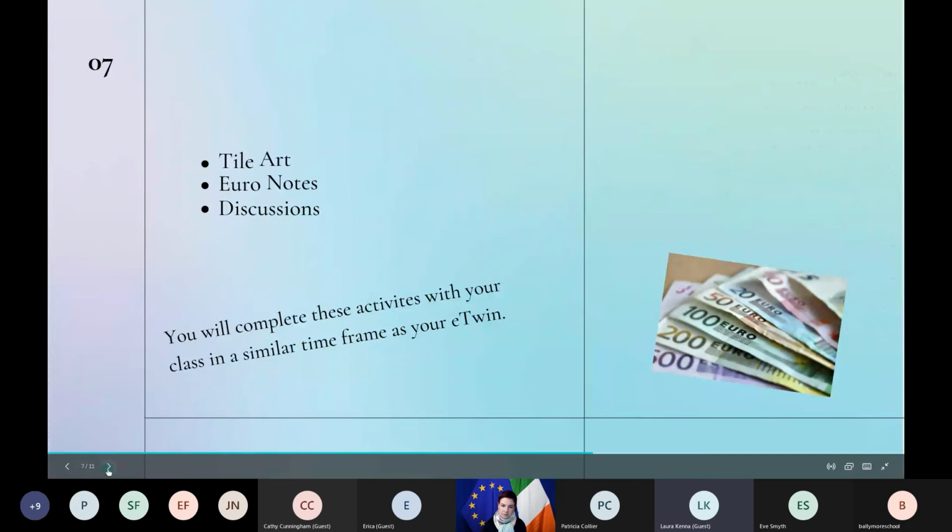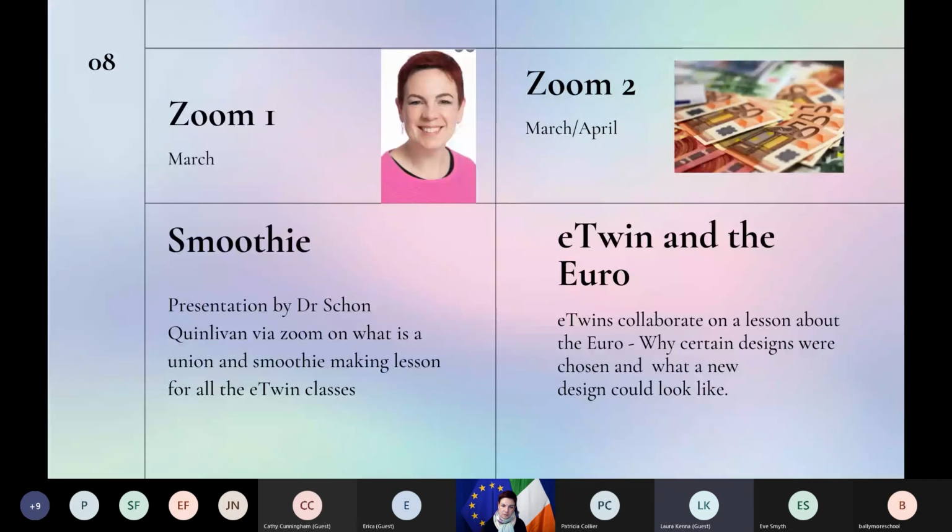There's also going to be some chances for you to do some Zoom calls and some video conferencing. So Emmanuel is going to present the first one of these in March, and you'll have the opportunity to participate in the smoothie making lesson. So the idea would be that if you are in fourth class in Cork or in Dublin, and the other fourth class in Paris or Madrid is there, that you'll all join the same call together and you can watch Emmanuel give that lesson.